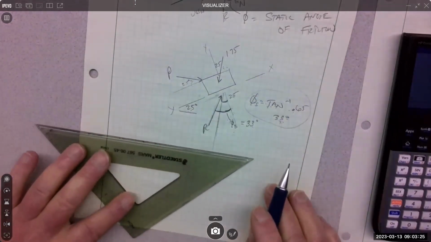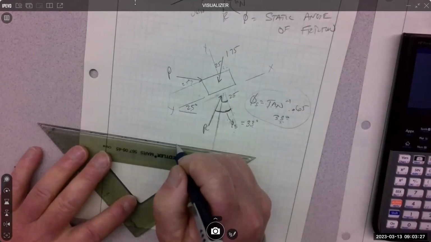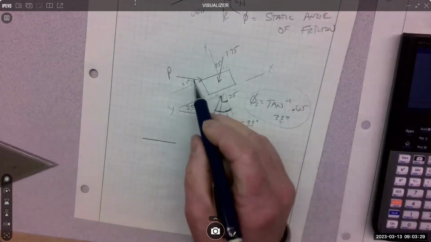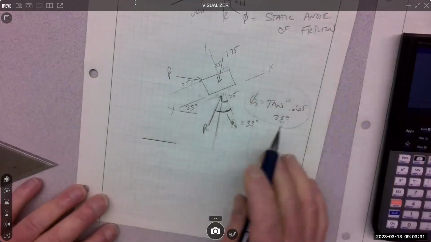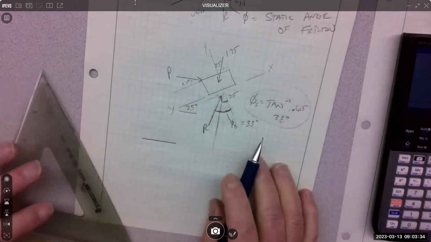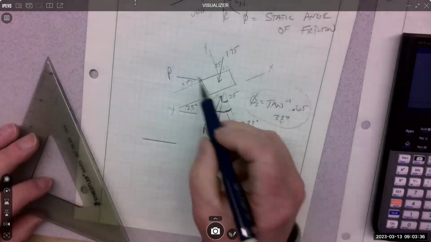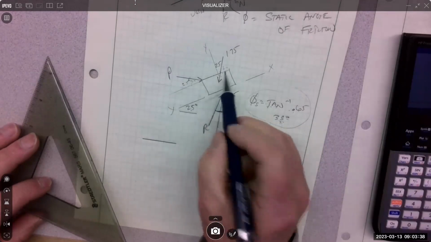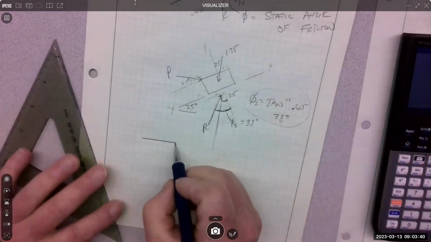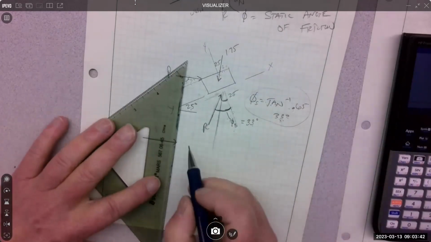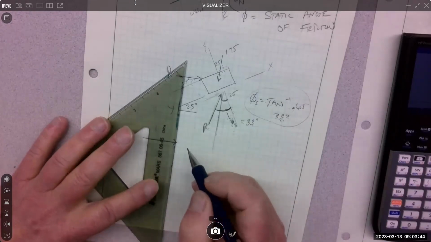To get that force triangle, I always start with P or some horizontal or vertical. That's fine. And it looks like it is going to create, because these two are 90, right? It's going to create a right triangle. So that's kind of nice. So you have to put these together.